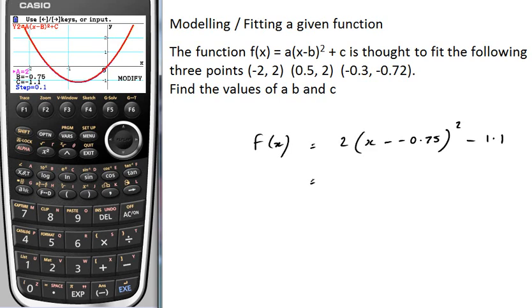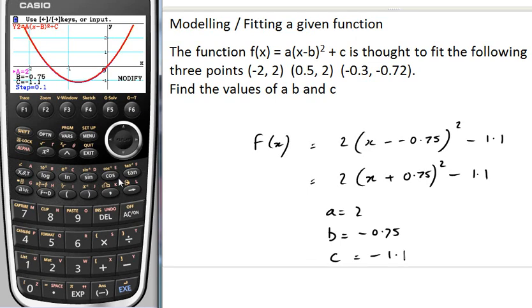We need to tidy those two negatives up there. That's going to be 2 lots of (x plus 0.75) squared minus 1.1. But remember, A equals 2, B is negative at minus 0.75, and C is also negative 1.1.